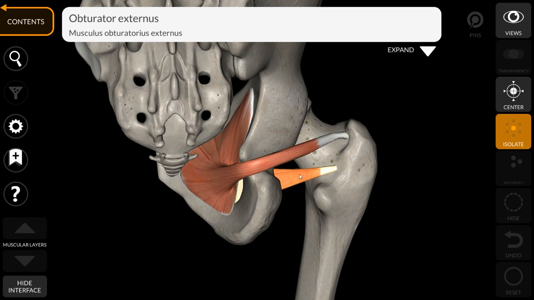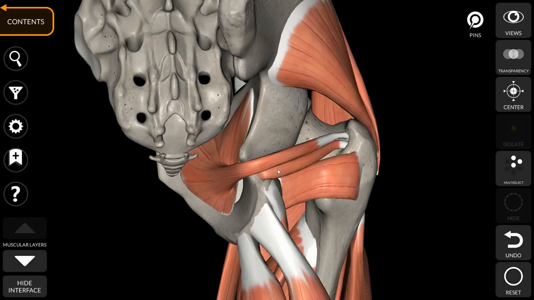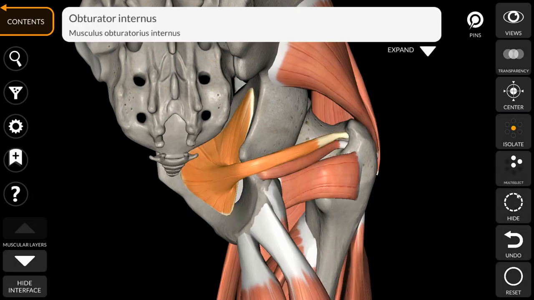Obturator internus and obturator externus insert into your greater trochanter. The obturator externus can also insert into the intertrochanteric crest. But the general attachment for both obturator muscles is the greater trochanter, class. Right. Now we remove the obturator internus.